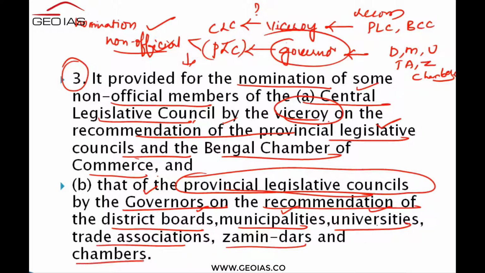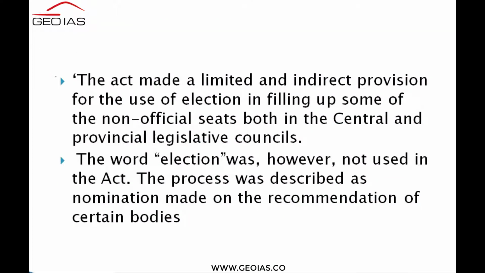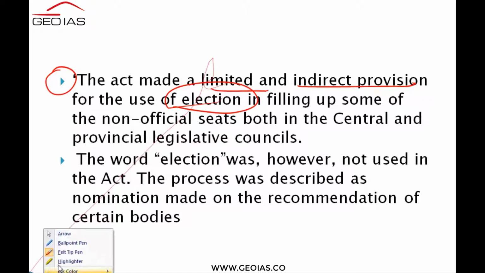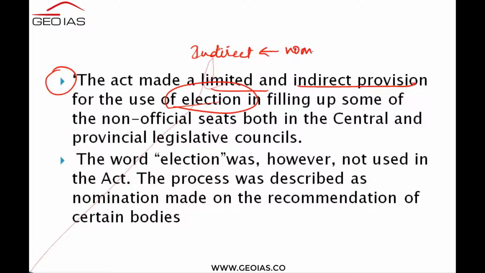As we go further, this act made a limited and indirect provision for the use of election. So an indirect provision of the use of election has been started. Indirect provision means nominating the non-official members is the indirect provision of the use of elections in filling up some of the non-official seats both at central and provincial legislative councils.